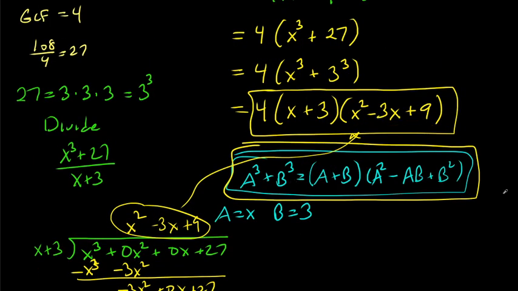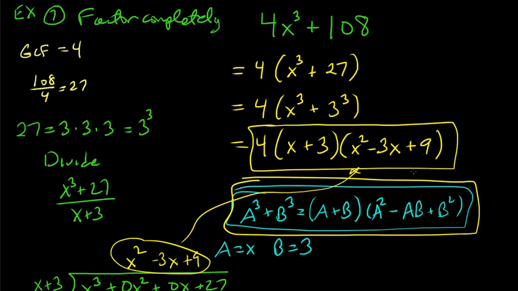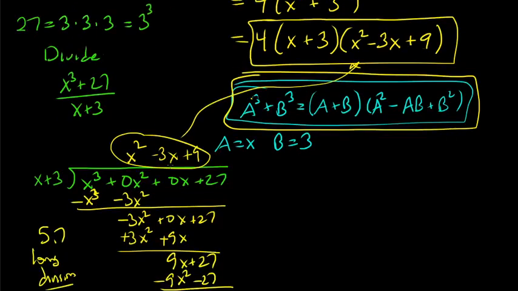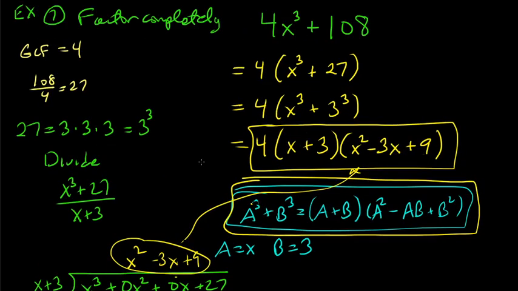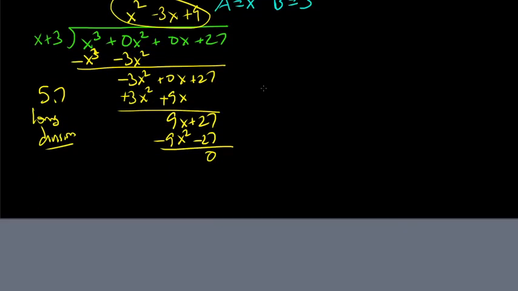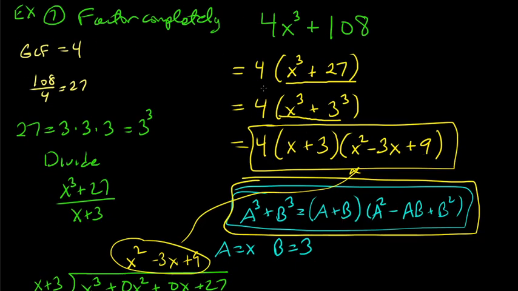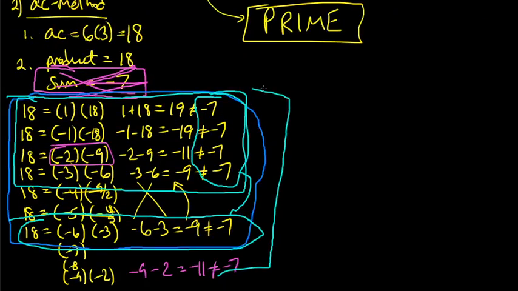So again, ideally, you should know the sum and difference of perfect cubes as well. Otherwise, it's just a lot more work. Okay, so that's a binomial where after you factor out the GCF, you get the sum of cubes. Oh, I guess that's it. All right, let's do a few more.